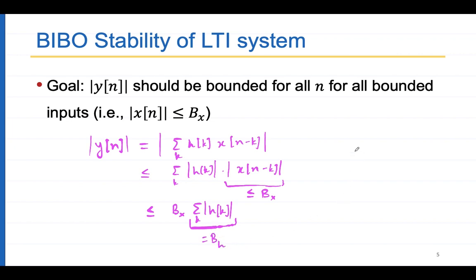Now if my Bh is less than infinity, which means it is bounded, then certainly my y of n will be bounded, right? So let us call this By. So y of n will be bounded for every value of n for every input x.